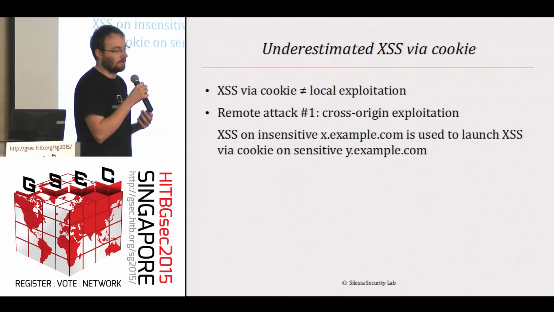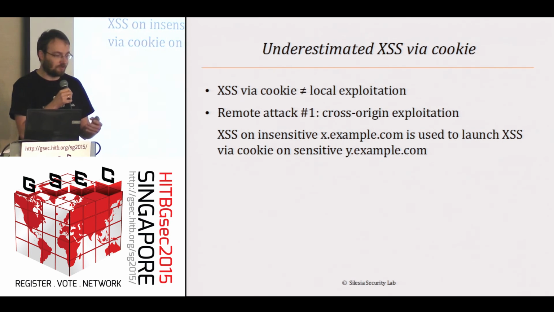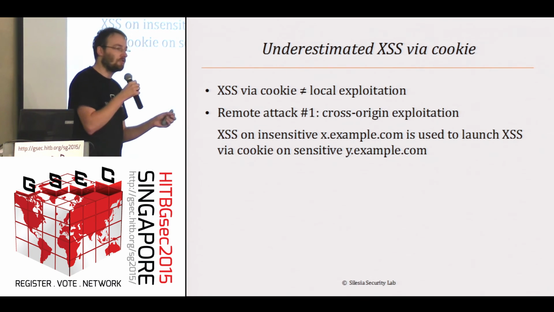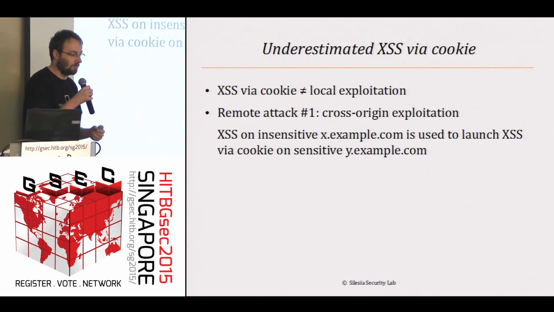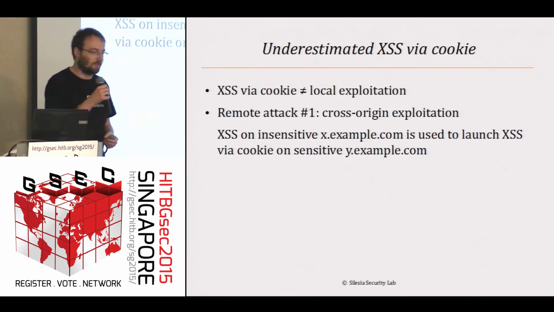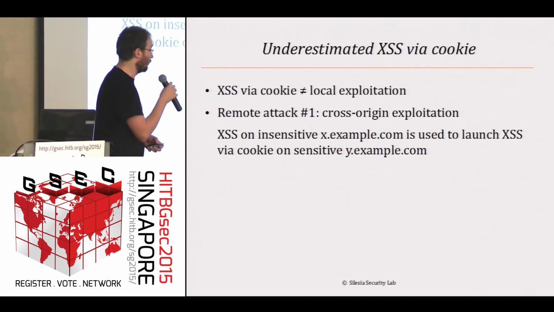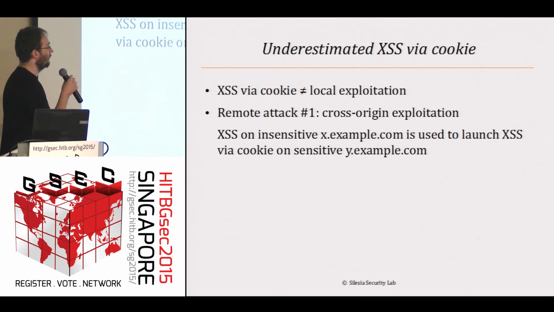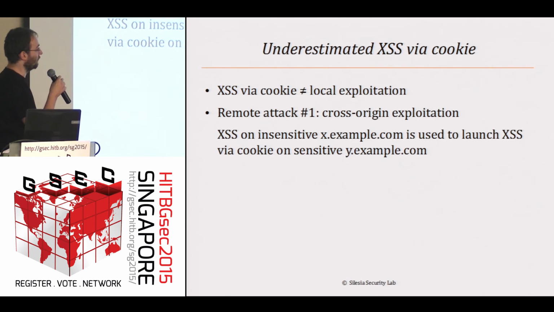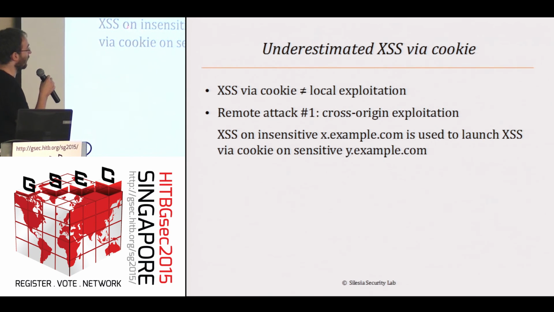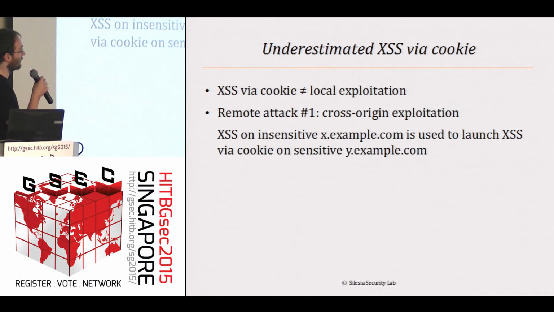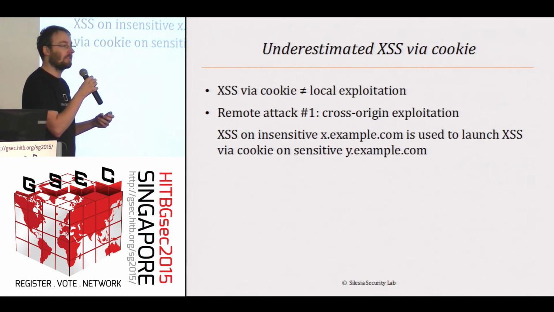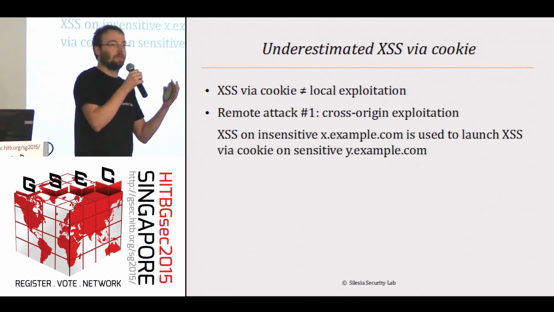This is very often the case, and very often if managers see that XSS via cookie is possible, then in Jira you can see the risk as low, and very often it is just like that forever. But what you can do is, again, try to dig into another subdomain, a less sensitive one. If you find XSS on this subdomain like x.example.com, you can set a cookie, because this is how cookies work. This is different than same origin policy from the JavaScript point of view, right?